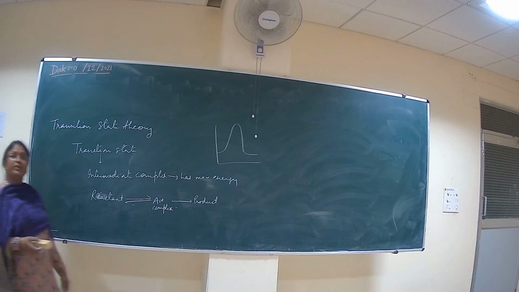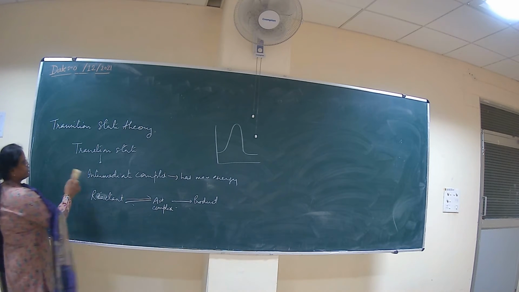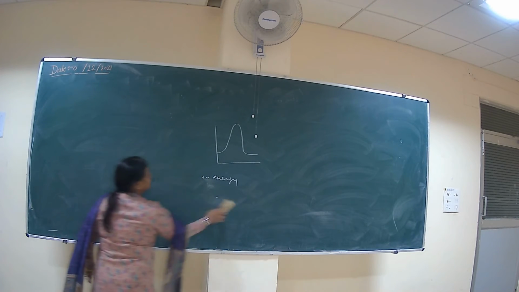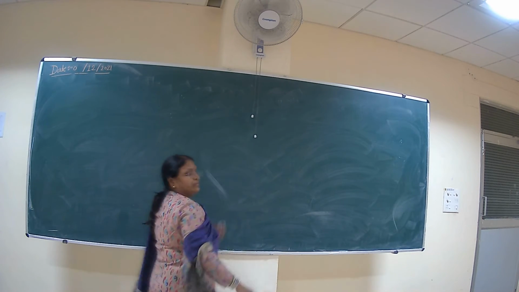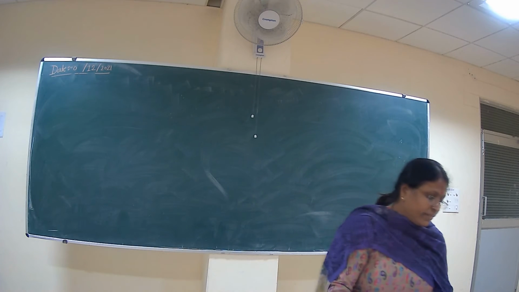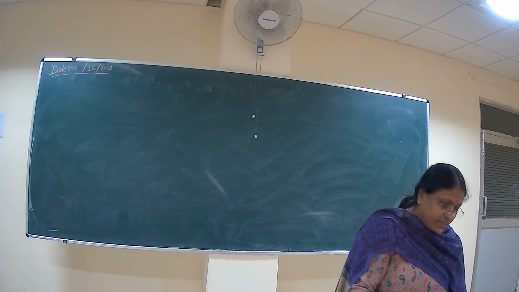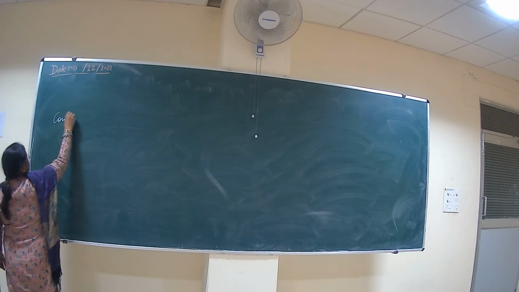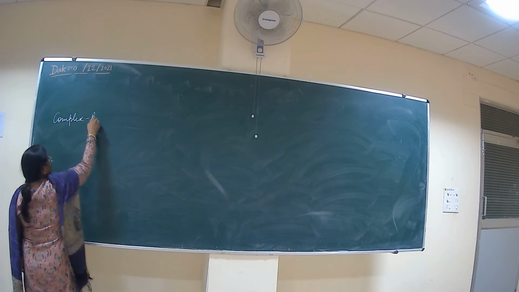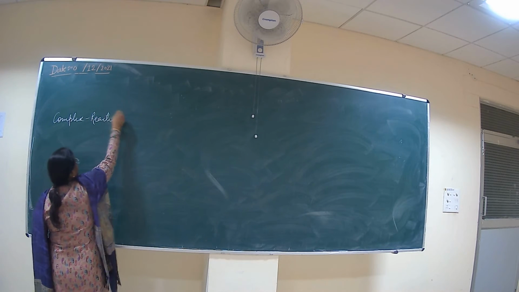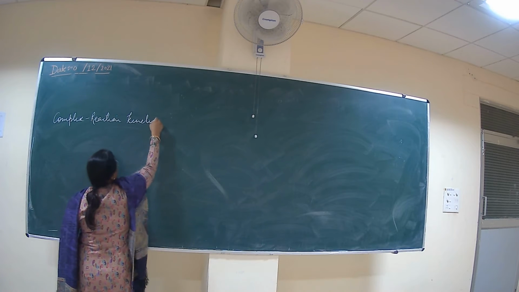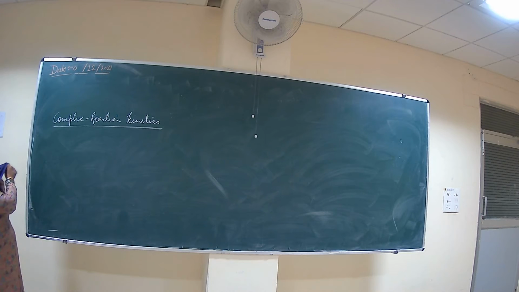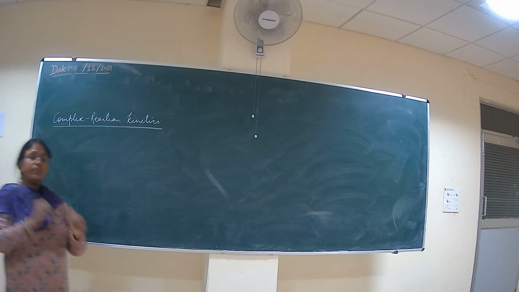Now after this, next we move to the complex reaction kinetics. So next we have complex reaction kinetics, that's the kinetics of a complex reaction. Now अभी तक हम लोग पढ़े थे reactions are proceeding in forward directions.